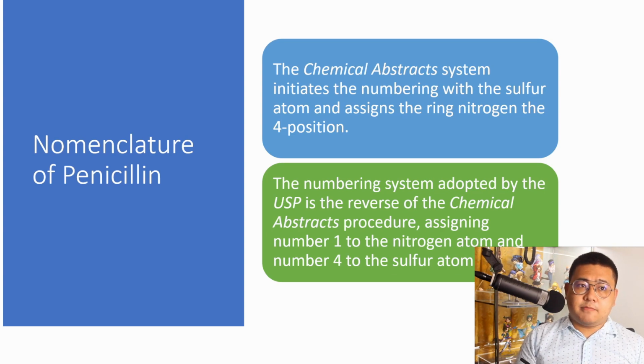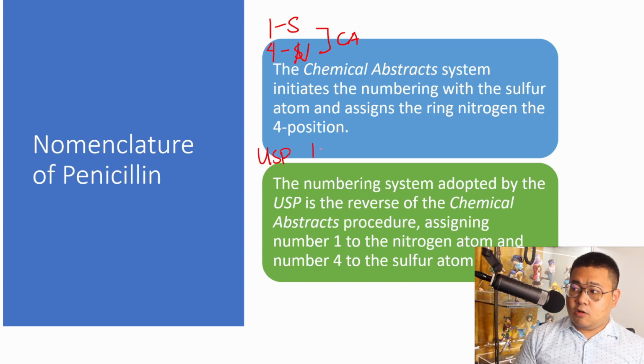The Chemical Abstracts system initiates the numbering with the sulfur atom. It starts at the sulfur atom and assigns the nitrogen at the 4 position. This is the Chemical Abstracts system.